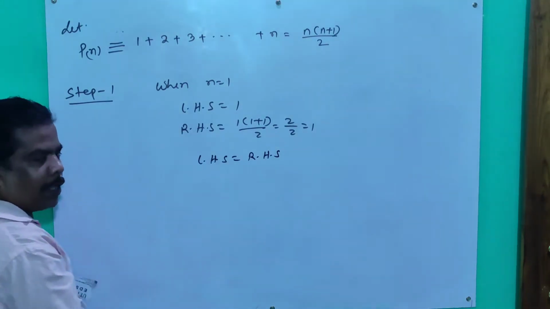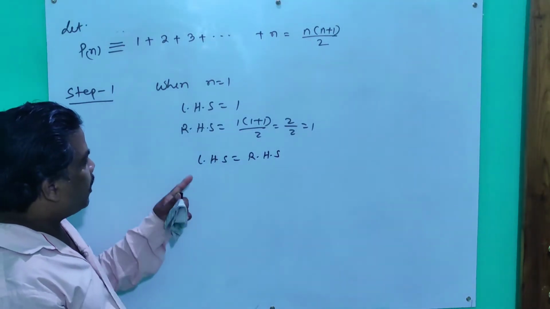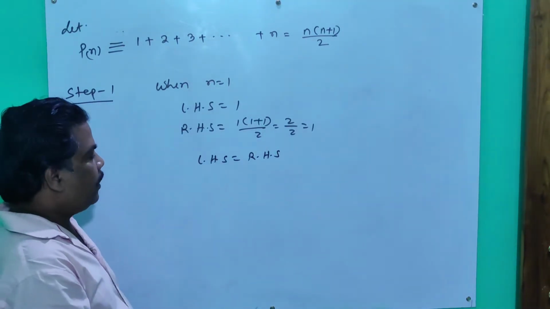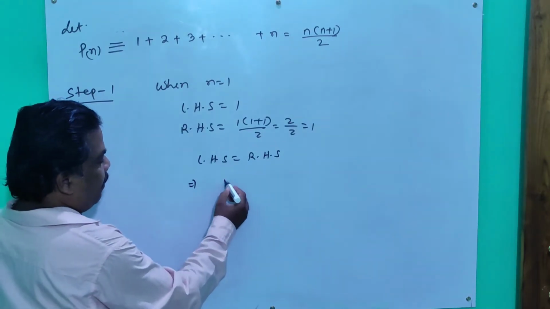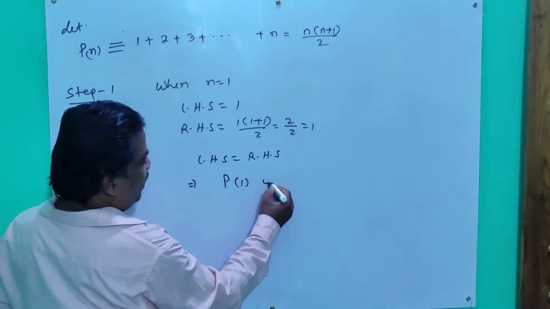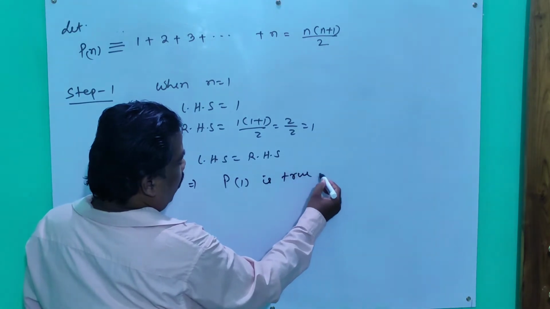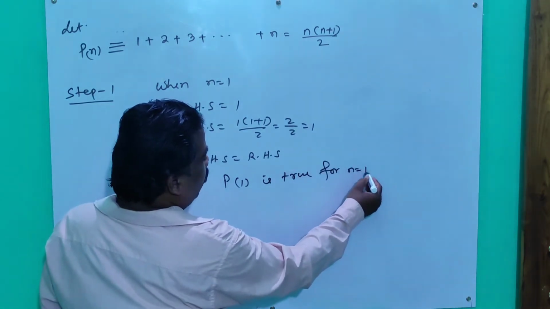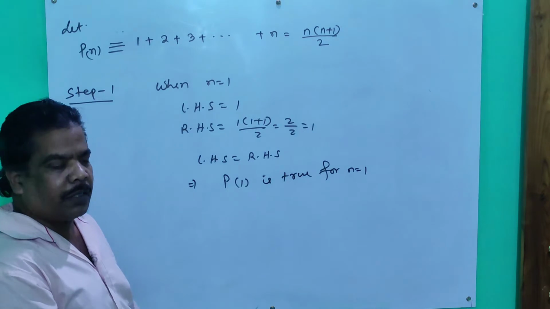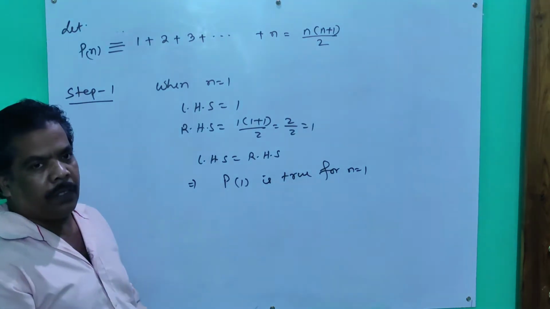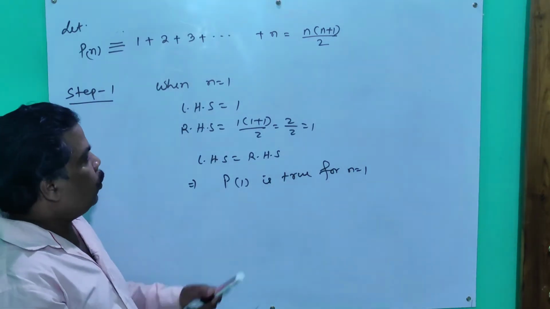As LHS is equal to RHS when n is equal to 1, the given statement is true, that is P1 is true for n is equal to 1. That means the given statement is valid when n is equal to 1.